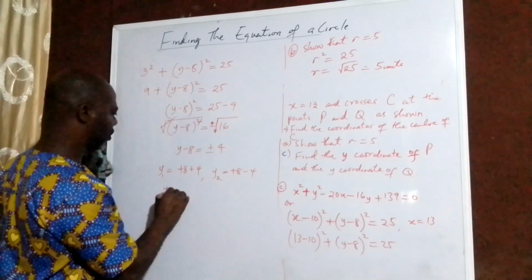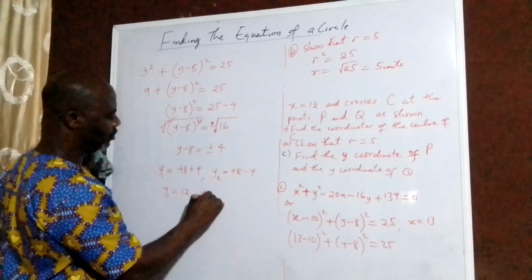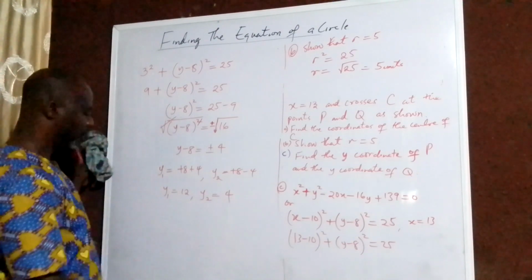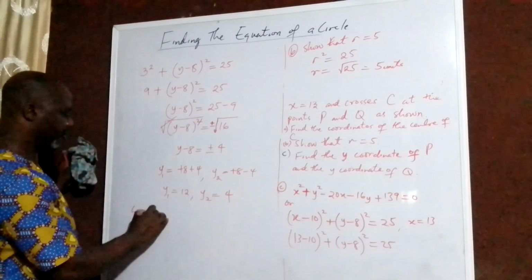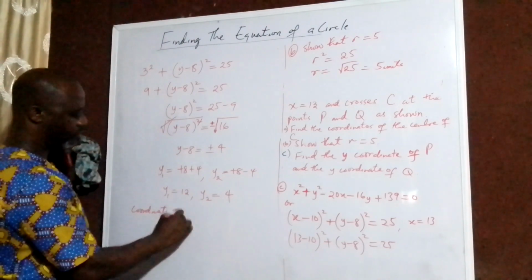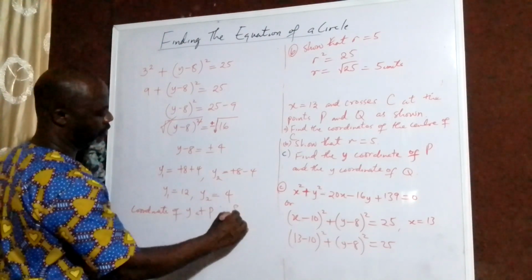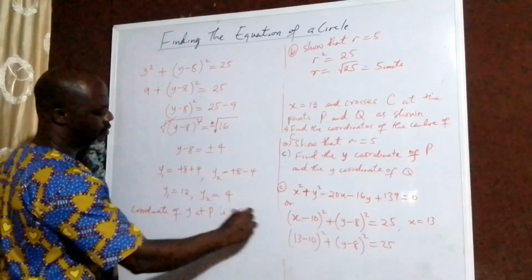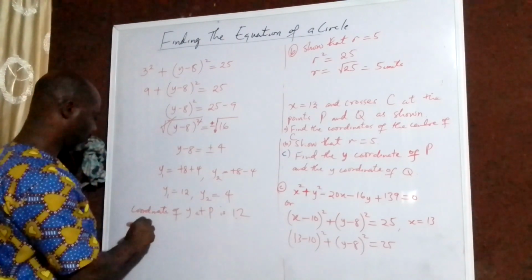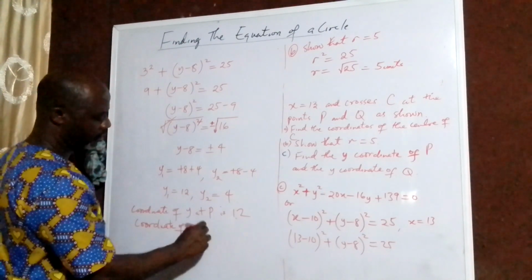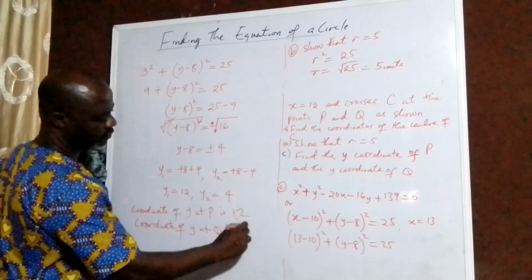So y1 will give us 12, and y2 will give us 4. Therefore, the y coordinate at P is 12, and the y coordinate at Q is 4.